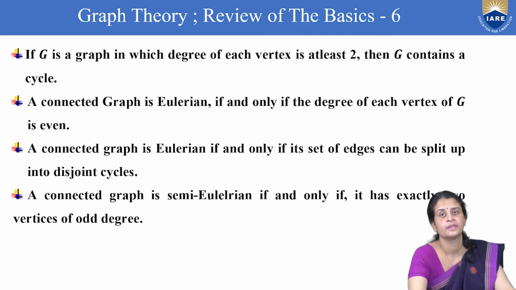These are the conditions. A connected graph is Eulerian if and only if the degree of every vertex is even, or if the set of edges can be split up into disjoint cycles. A connected graph is semi-Eulerian if and only if it has exactly 2 vertices of odd degree.